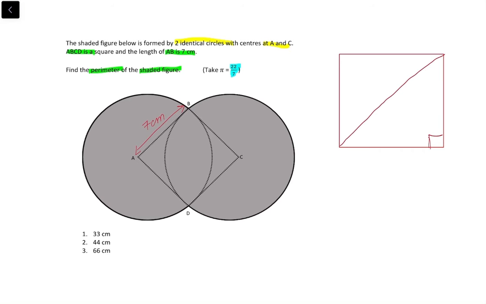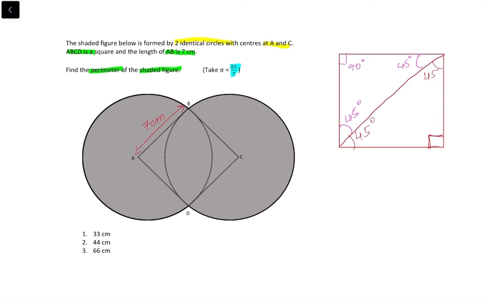One vertex of one triangle would have a 90-degree angle, and the other two vertices would have a 45-degree angle, and the same would be for the other triangle. This is 45 degrees, this is 45 degrees, and this is 90 degrees.